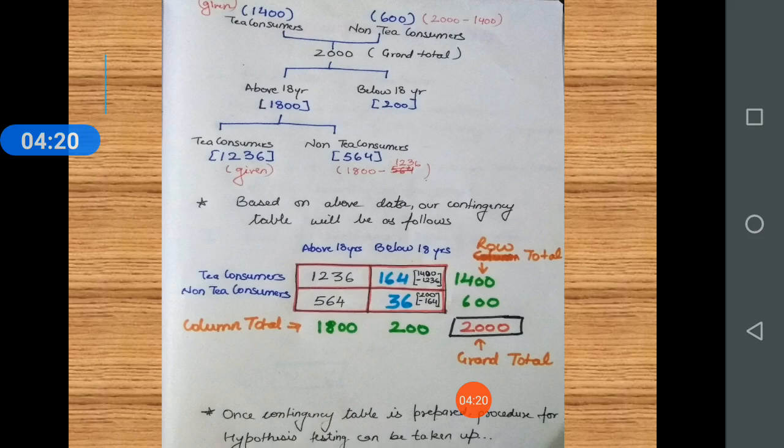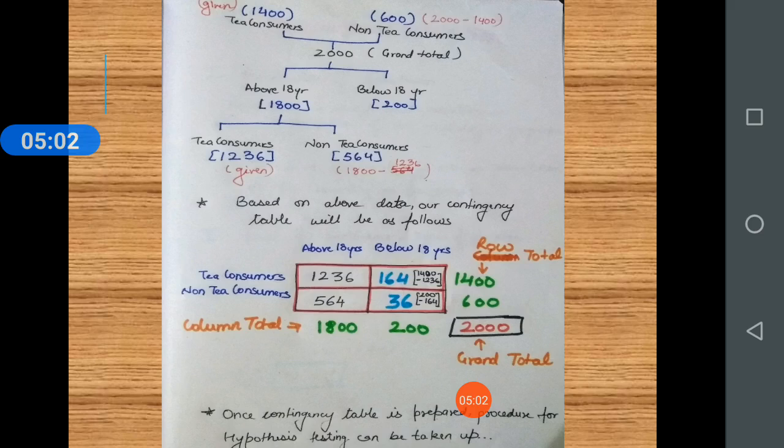If we know this much, we can easily calculate our tea consumers below 18 years because the total tea consumers are 1400. Out of these 1400 people, 1236 are above 18 years. So automatically the people below 18 years are 1400 minus 1236, which is equal to 164. Similarly, the non-tea consumers below 18 years can be calculated as out of a total of 600 non-tea consumers, 564 belong to the age group above 18 years, so 36 are below 18 years.